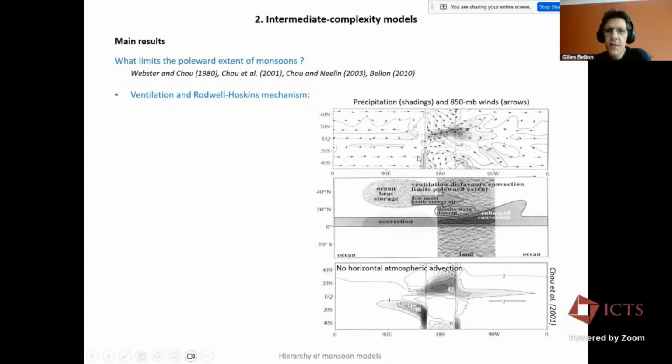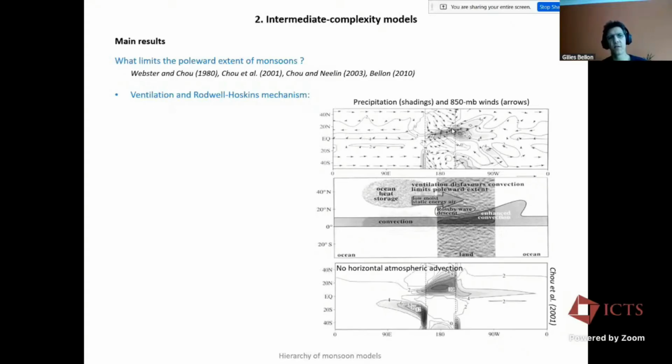The wave they're talking about is a mechanism that was first proposed to contrast the climate over the Mediterranean and Northern Africa and over India. It's the Rodwell-Hoskins mechanism, and they postulated a very large-scale wave with ascending motion over the Indian monsoon and descending motion over North Africa and the Mediterranean, that would ensure that the Mediterranean gets very dry, and that would link the two climates.